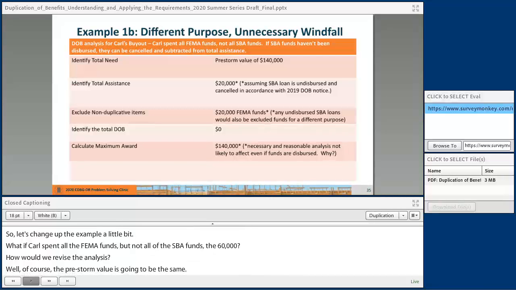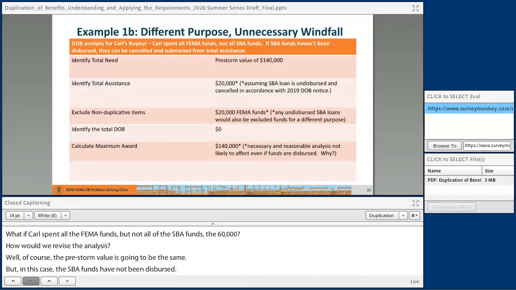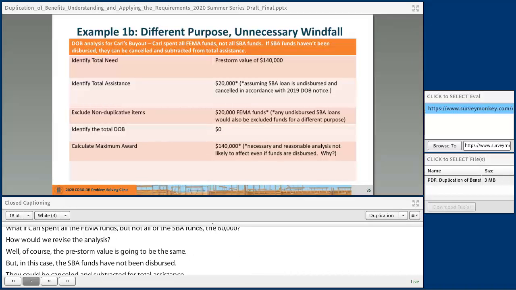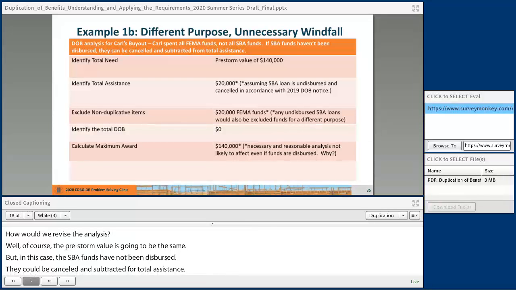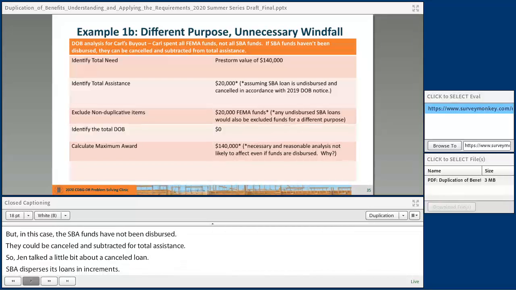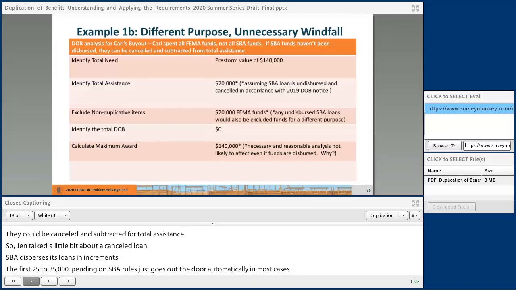Jen talked a little bit about canceled loans. SBA disperses its loans in increments. The first $25,000 to $35,000, depending on the SBA rules, just goes out the door automatically in most cases. But after that, SBA requires draws that are kind of like any construction loan. They want you to draw as you have need.